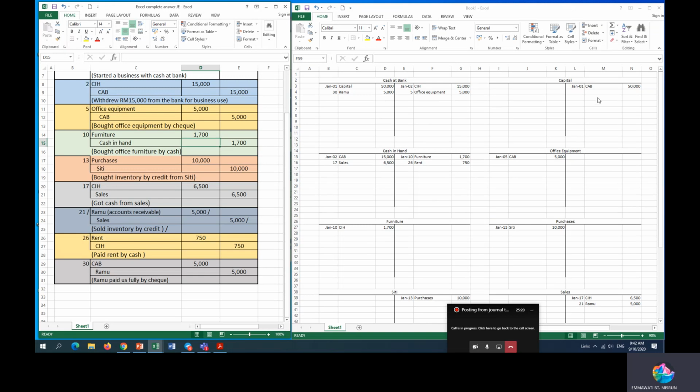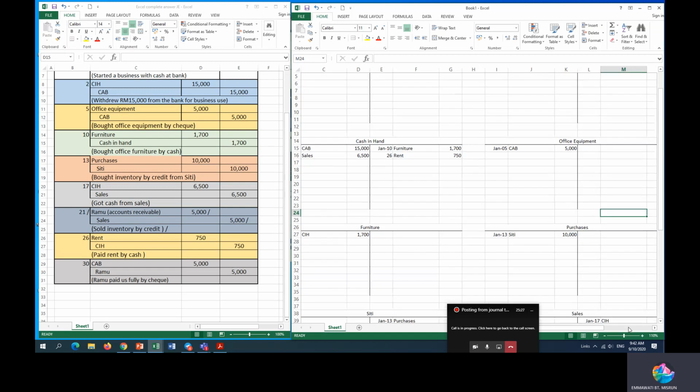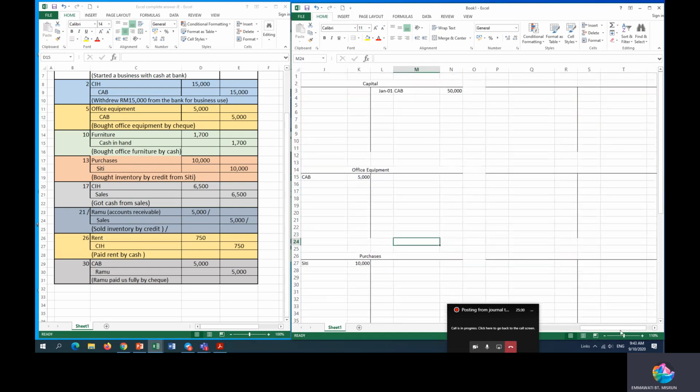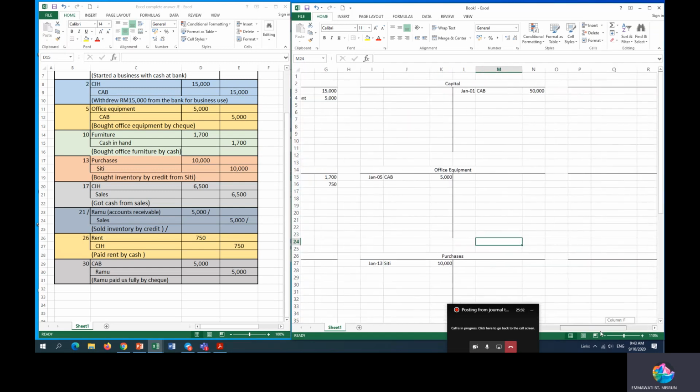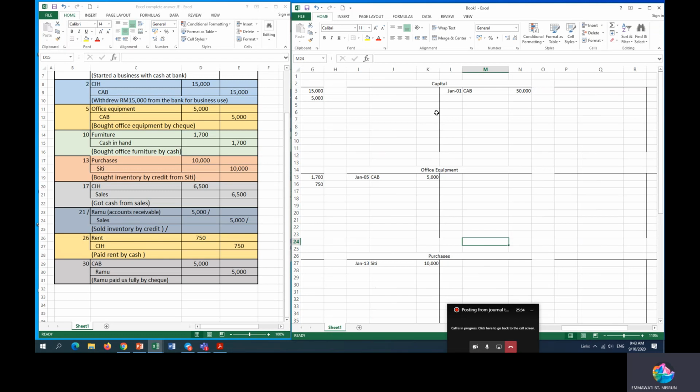What you can see here in this capital account is that we only have one entry, which is on the credit side.